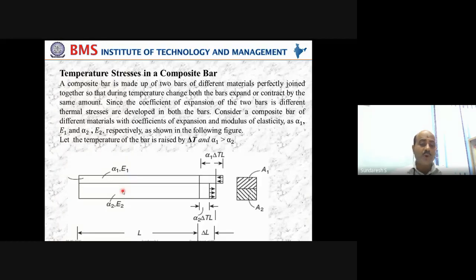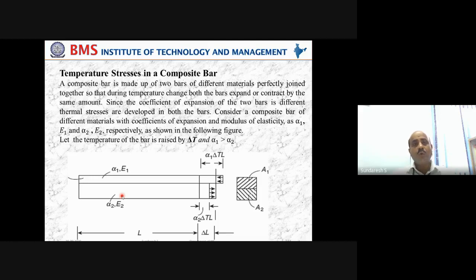Similarly, bar 2 has alpha 2 and E2. These are the properties of the materials. Now when these two bars constitute a composite bar, and this composite bar undergoes a change in temperature, since the two bars have different values of the coefficient of linear expansion, stresses will be induced in both bars. We call those stresses temperature stresses.